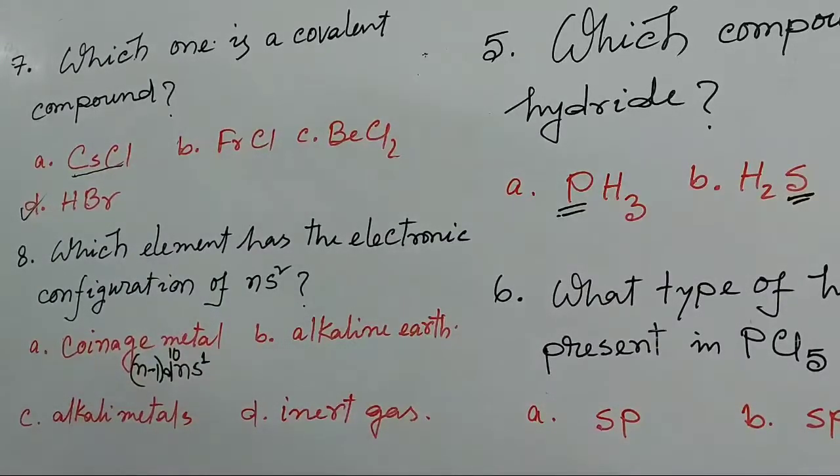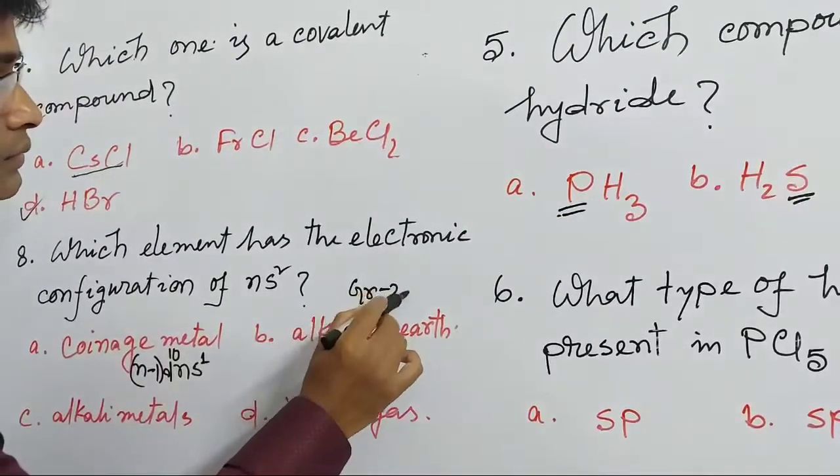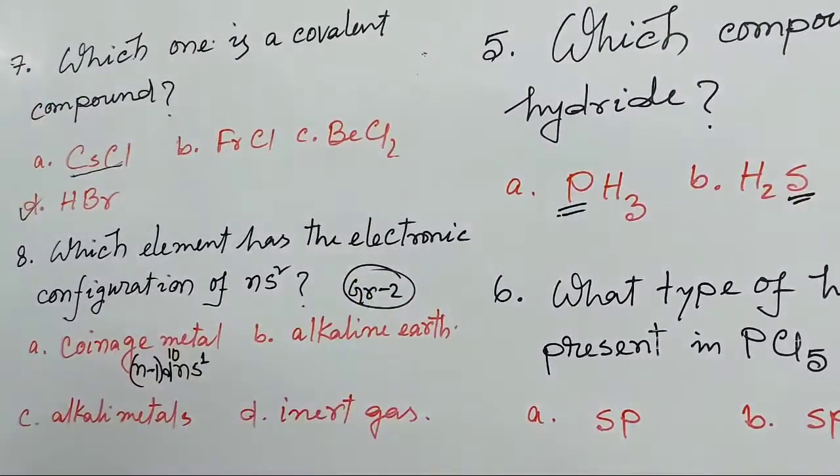Alkaline earth metal. Students, you know that elements of group 2 are known as alkaline earth metals.